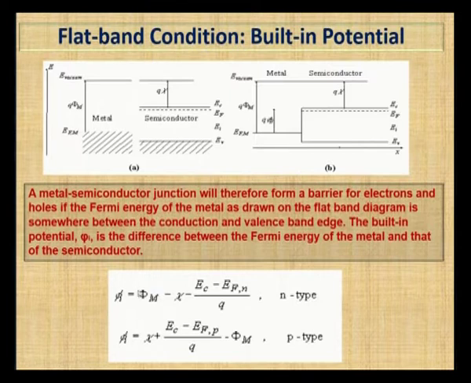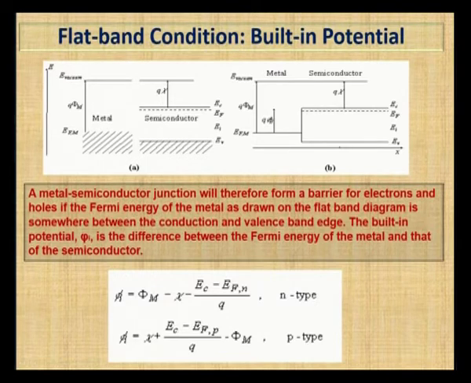That is, phi I is equal to phi m minus chi minus E c minus E f, that is the conduction energy and the Fermi energy of n type, divided by q, whereas in p type phi I is equal to chi plus E c minus E f of p type divided by q minus phi m. This is for p type.